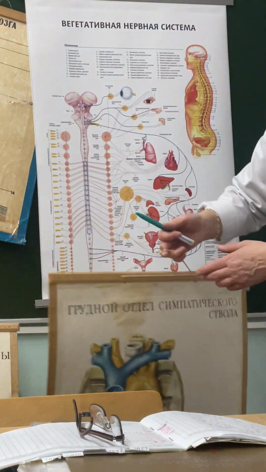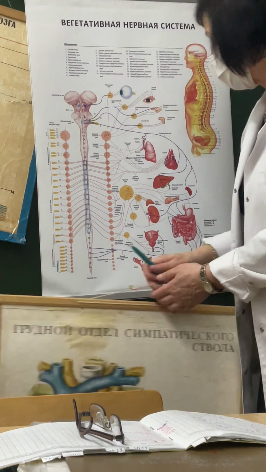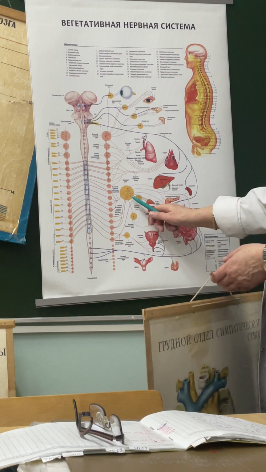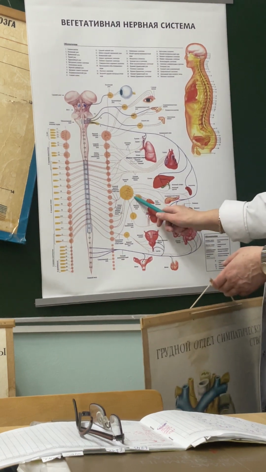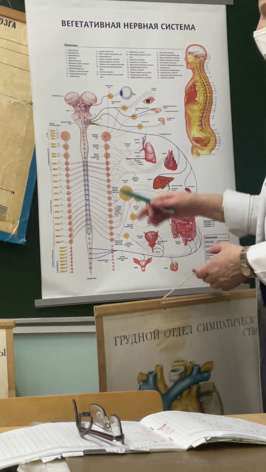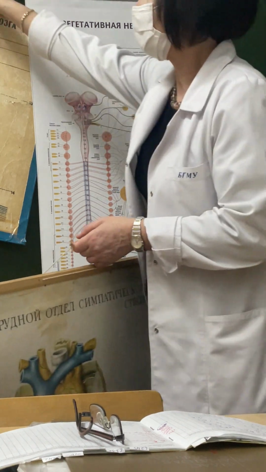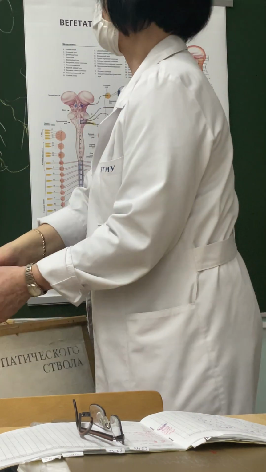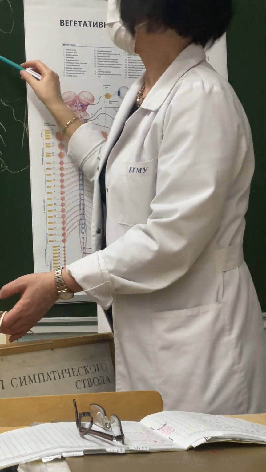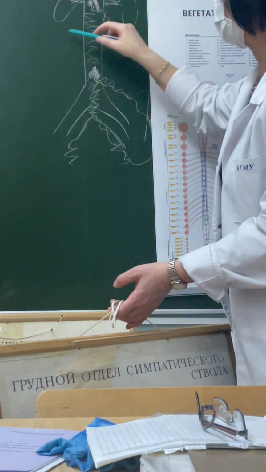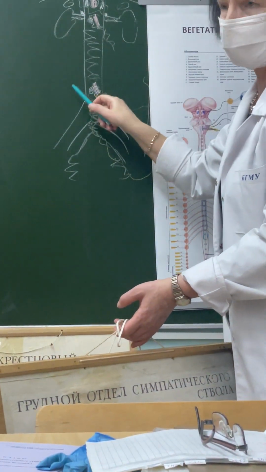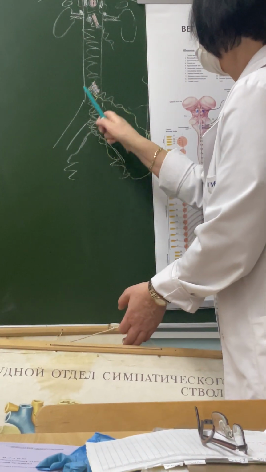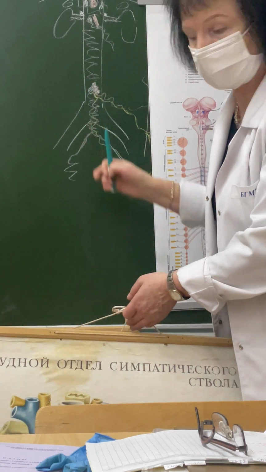It will give lumbar splanchnic nerves, which participate also in these prevertebral plexuses, mainly this superior, maybe celiac, also some upper and other, and also they give branches to this plexus, which is intermesenteric, yeah, because at this level we have a sympathetic trunk, and actually it can give branches to all these prevertebral plexuses, and also to the inferior mesenteric, by the way.